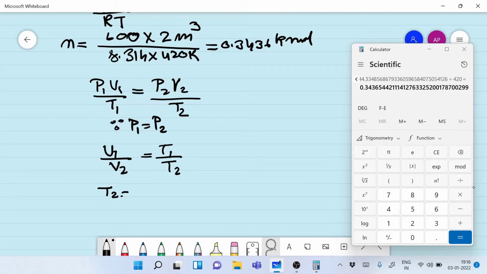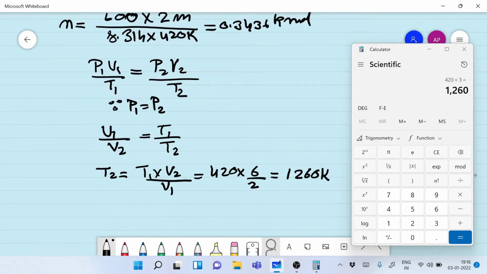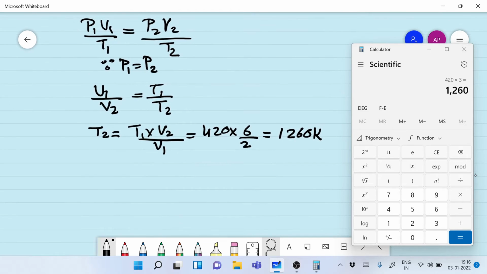Therefore, T2 is T1 into V2 over V1, that makes it 420 into 6 divided by 2, so that is 1260 Kelvin. That's a pretty high temperature. Still, let's go ahead with the problem.